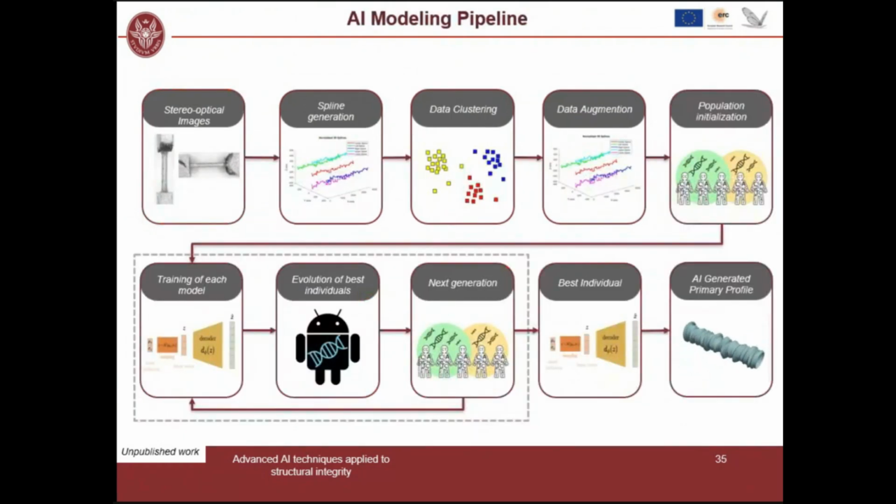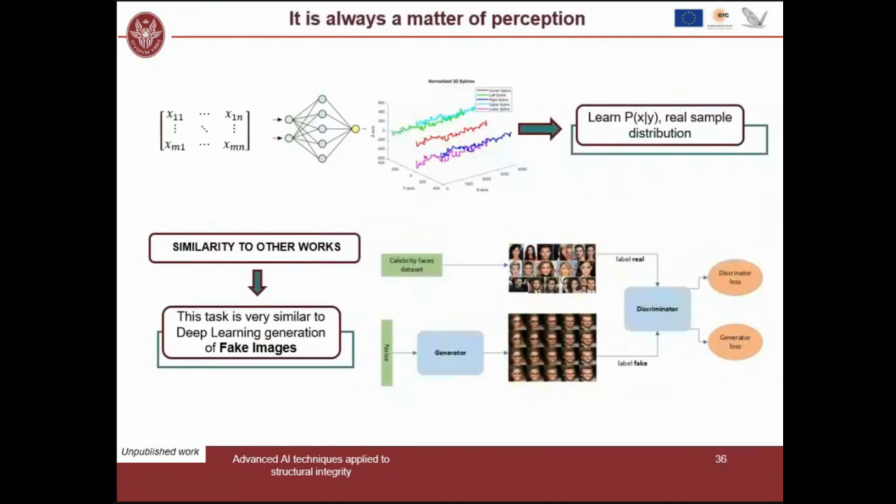So what was our approach? We had to somehow use AI to generate those topologies. The pipeline now becomes this, and I'll go into details of each step.